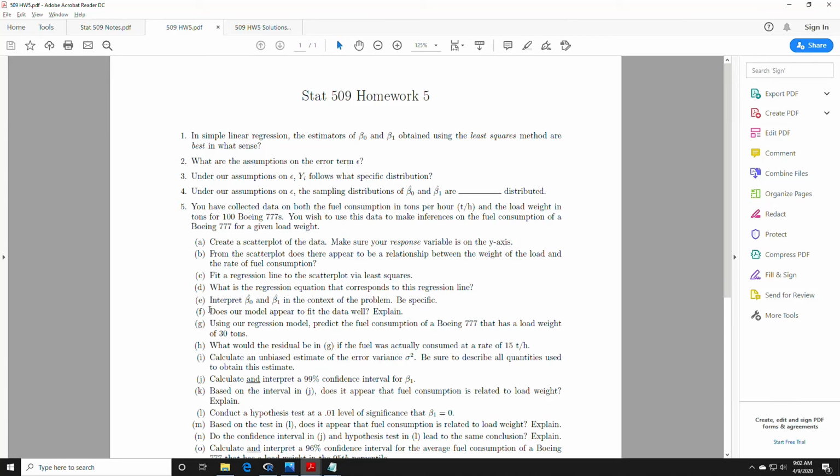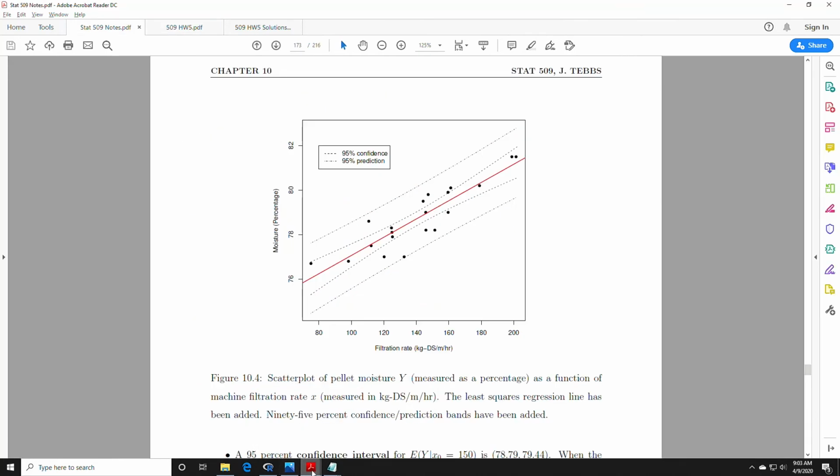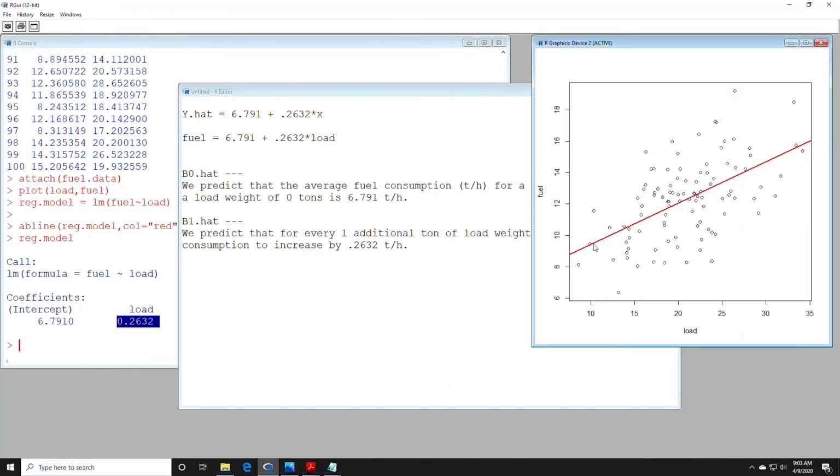Okay, does our model appear to fit the data well? One thing that we haven't talked about, and we'll talk about later, probably next time, is verifying some of the assumptions, right? We have assumptions on our error term. But that's not really what I'm getting at here. I'm just talking more in the general sense.